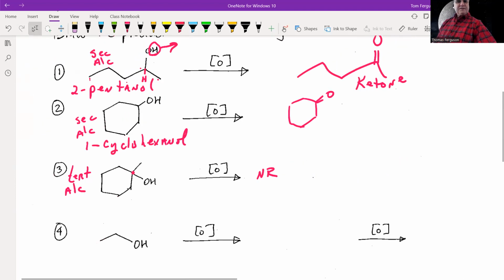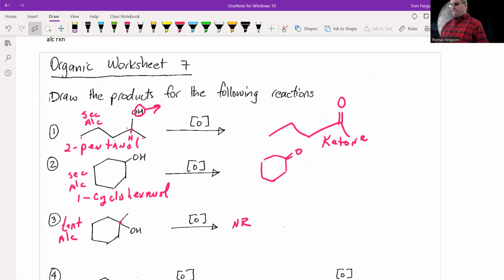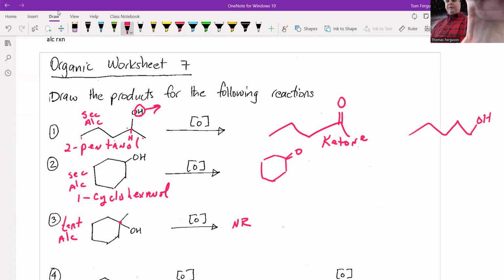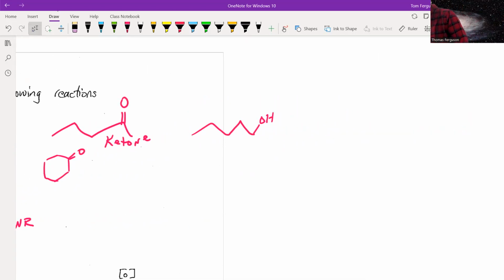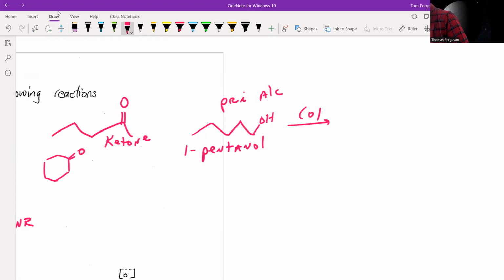Now, if this was a primary alcohol, this would be 1-pentanol, primary alcohol. When it gets oxidized, it goes to the aldehyde.